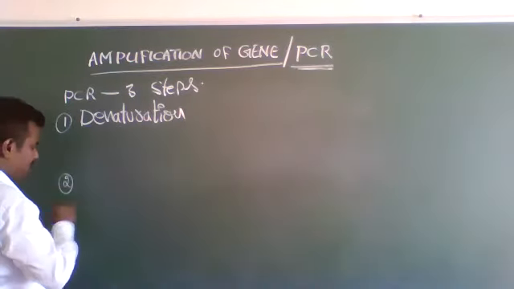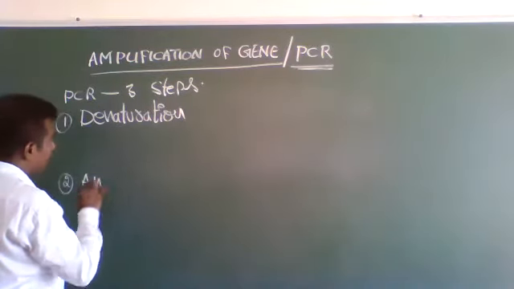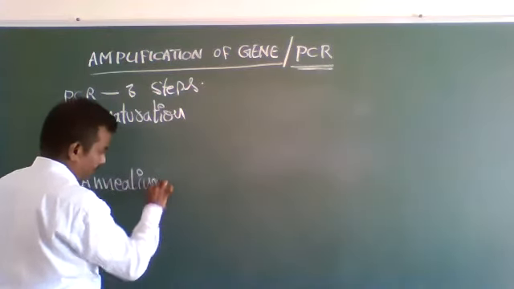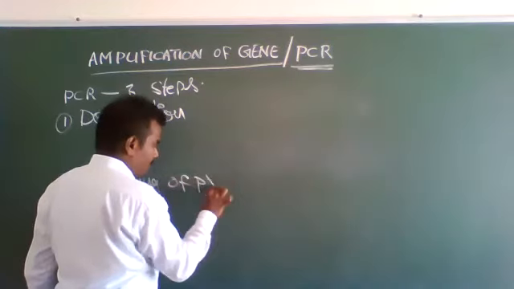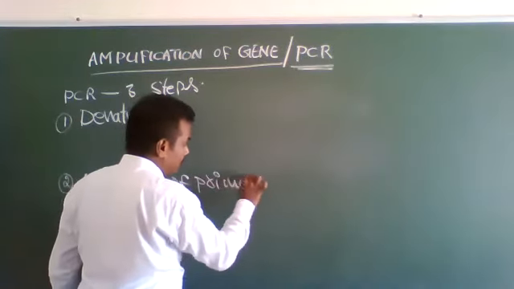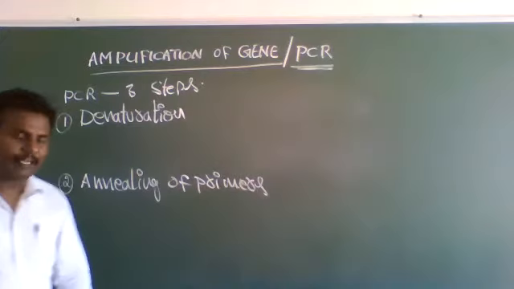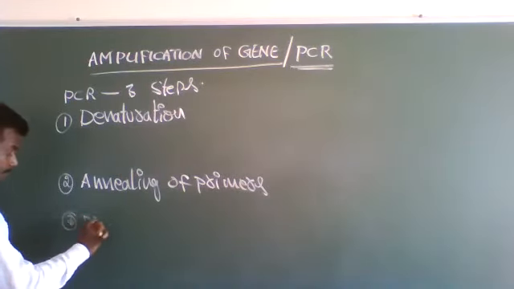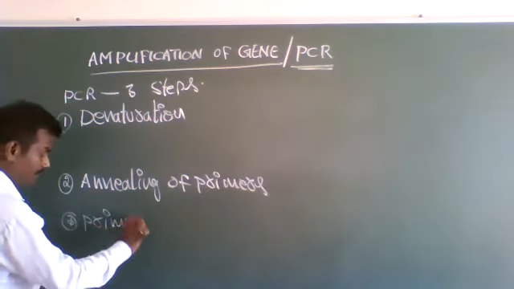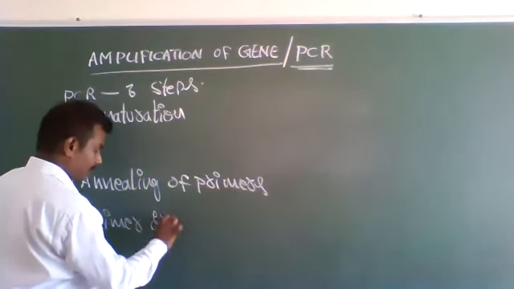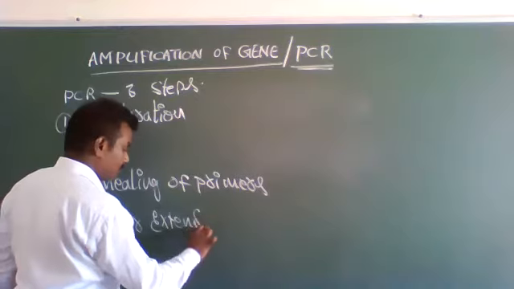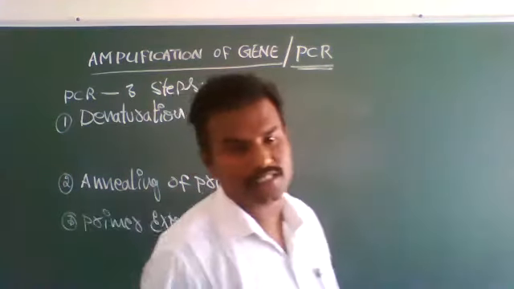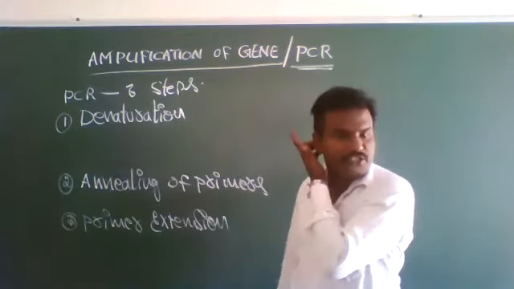The second one is annealing of primers. And the third step is primer extension. Through these steps, we finish one PCR cycle.